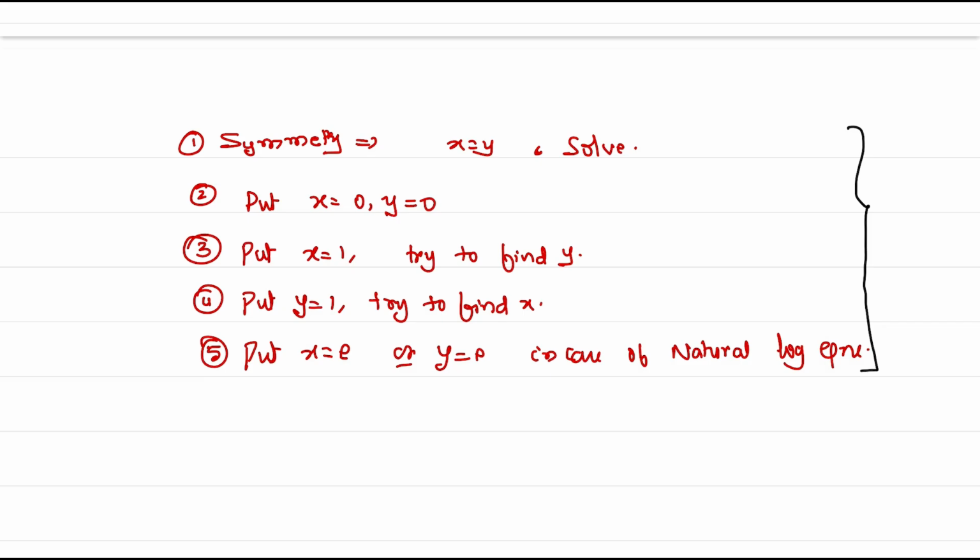If we don't get the solution, then we have to try with numerical methods and Newton-Raphson method. Numerical methods are there, like Newton-Raphson method, which you should be aware of.